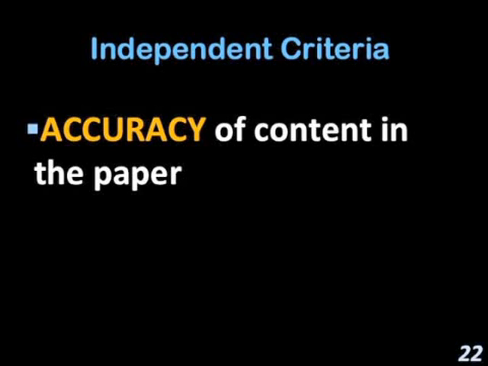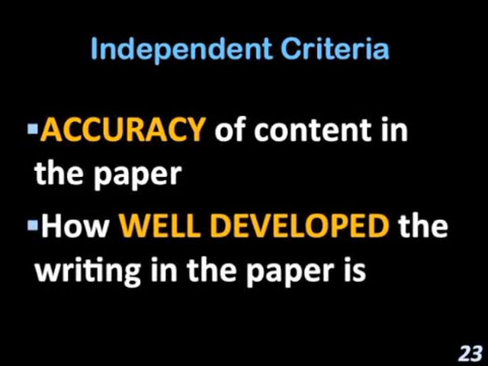So we're going to look at accuracy of content. We also want to look at the writing as it unfolds. And so we want to consider the criterion well-developed. So how well-developed is the writing? How accurate is the content of the writing?